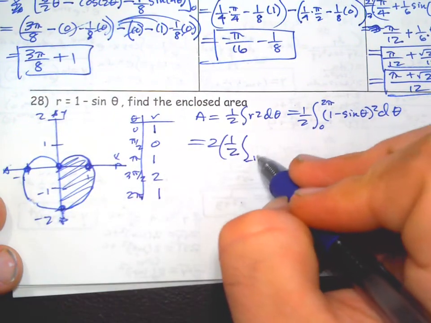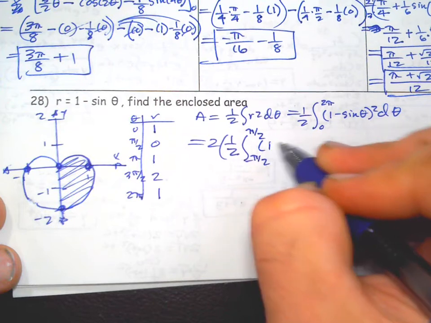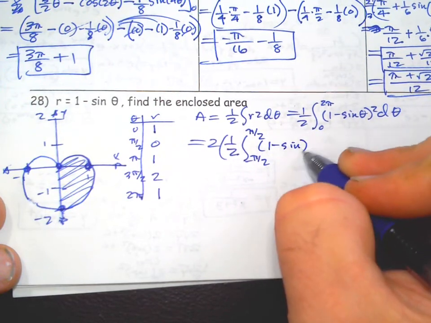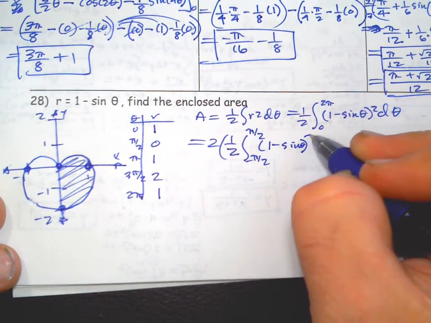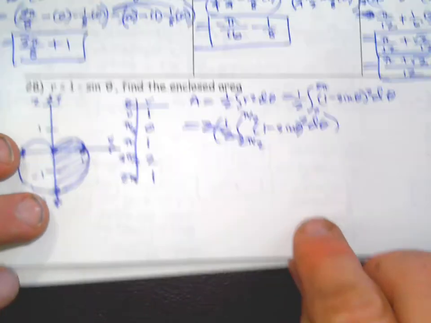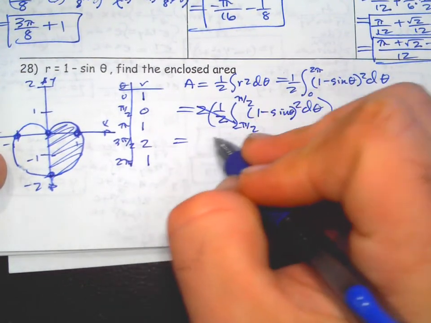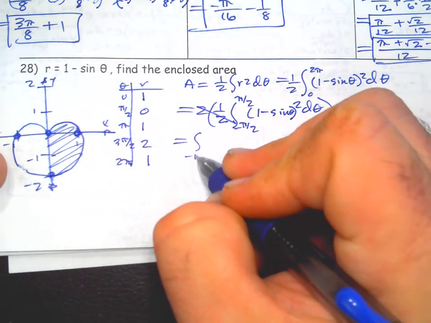You'd have to go negative pi over 2 to positive pi over 2 if you want to use symmetry, which I personally don't think is better than just doing it the original way, but I'm just going to do it to show you. But you could just go with the original one. Now, either way you do it, you're going to have to FOIL the inside.